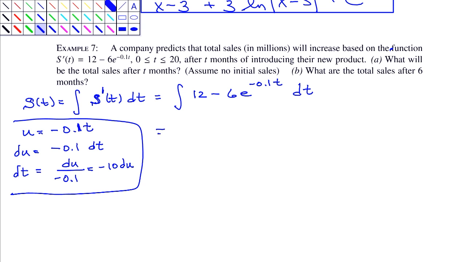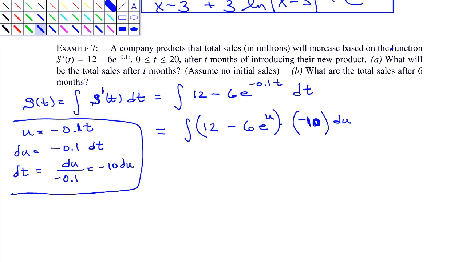All right. So let's replace it here. So we have 12 minus 6 e to the u times negative 10 du. And this is in parentheses as well.